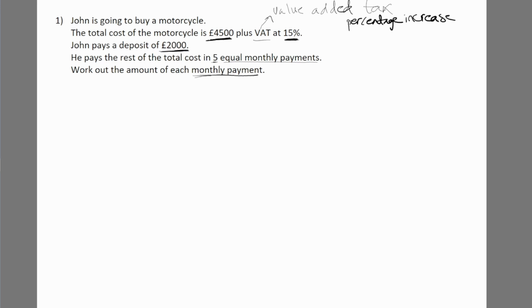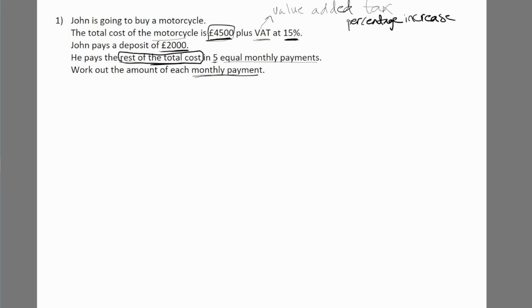So in this case, we want to find out what's the rest of the total cost, right? If we find this out, we can divide by 5 and find the monthly payment. So in order to find the rest of the cost, we need to find the total cost. We don't know the total cost of the motorcycle. We only know that it's 4,500 and we have the value added tax at 15%.